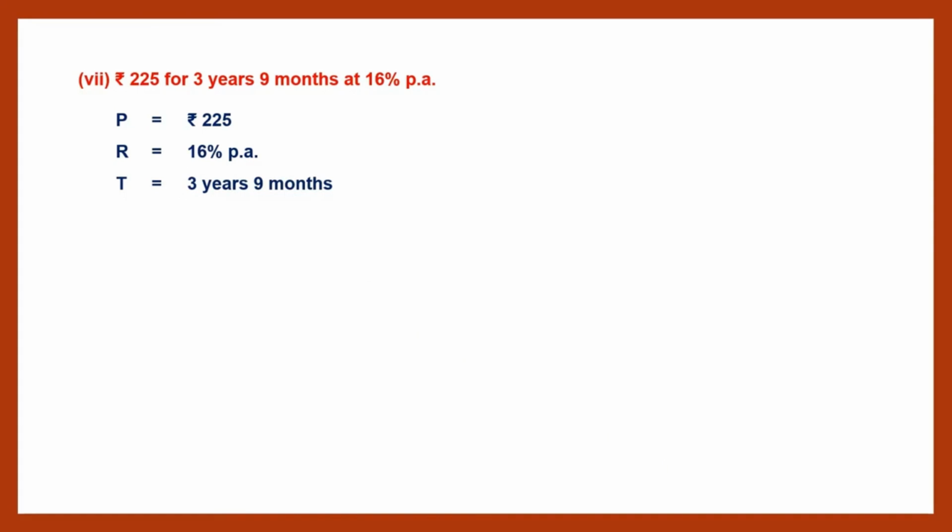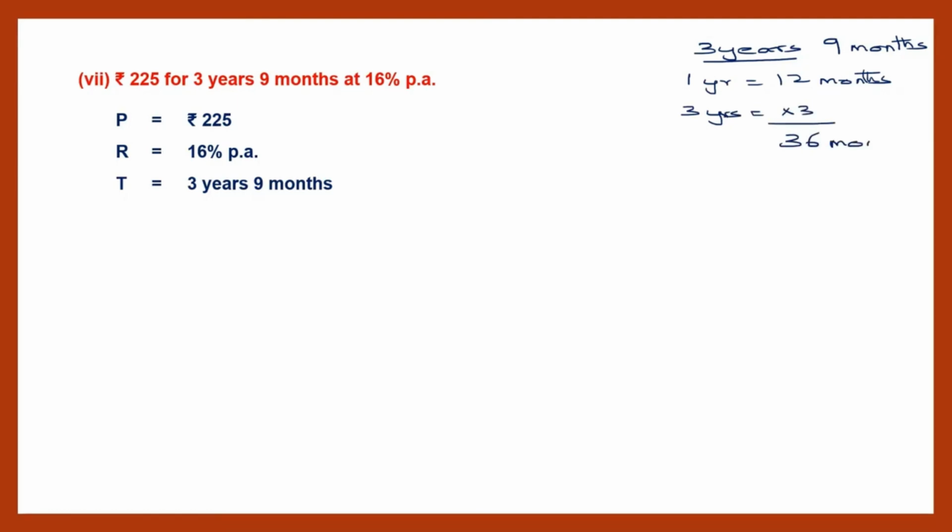So let's do that conversion. So we have 3 years and 9 months. We're going to convert all this to years, but first we're going to convert it all to months. So in 1 year, we have 12 months. So that means in 3 years we have 12 into 3, that is, we have 36 months. 12 threes are 36.